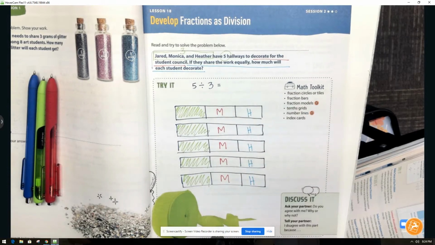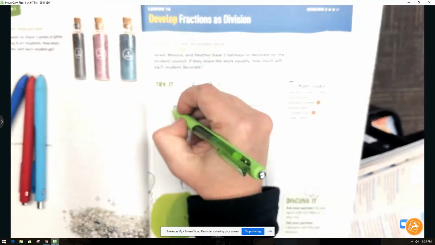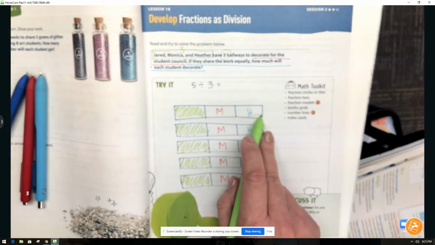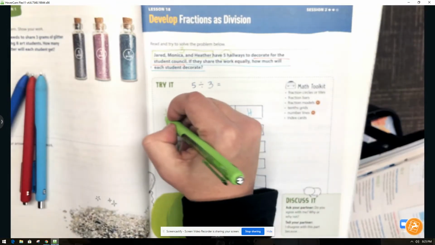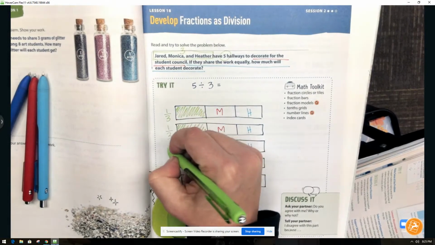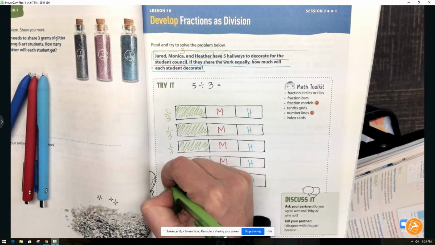Now, we only want to know how much each student, like if one student had to do their part, how much would they decorate? So if we're Jared, how much of this whole does he decorate? That's right, he decorates 1/3. And then he decorates 1/3 of this hallway, 1/3 of this hallway, 1/3 of this hallway, and 1/3 of this hallway.